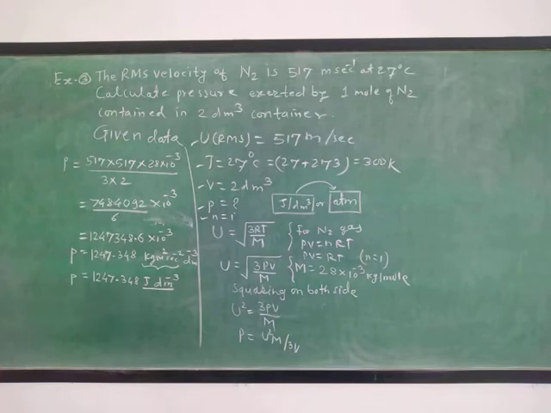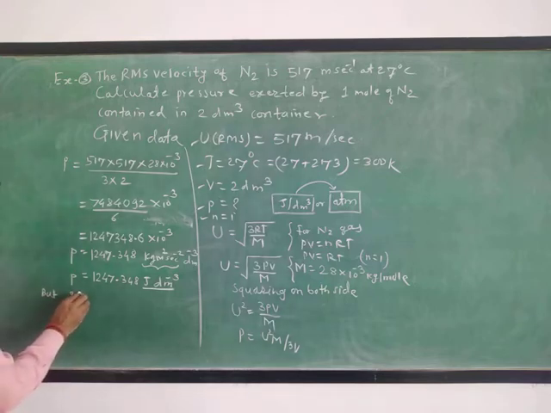That's why you must know 1 atmosphere is equal to 8.314 upon 0.0821 so many joules per dm cube.